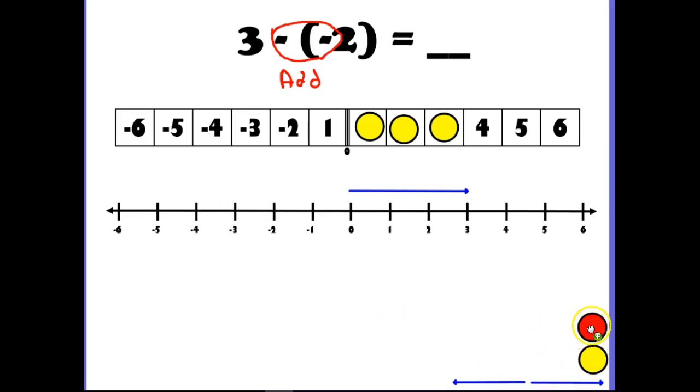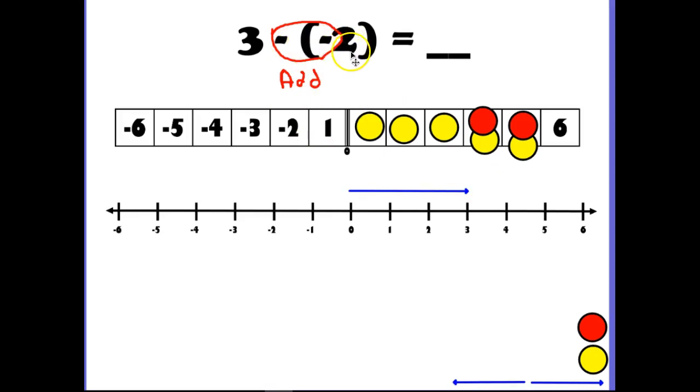So here, if I was using counters, I have to add 0 pairs. So here's my 1 0 pair, and here's my second 0 pair. Now, with the number line, remember this means add.